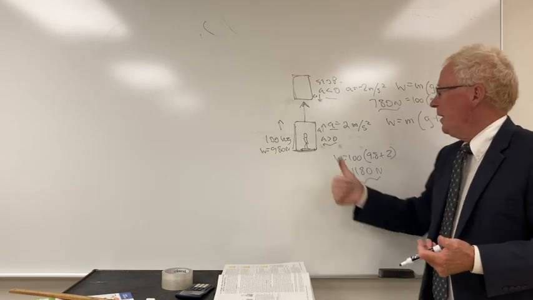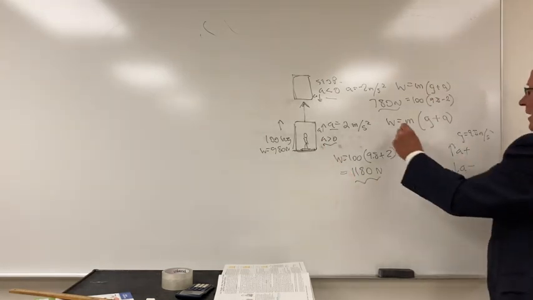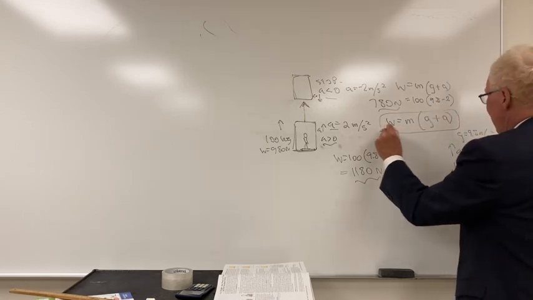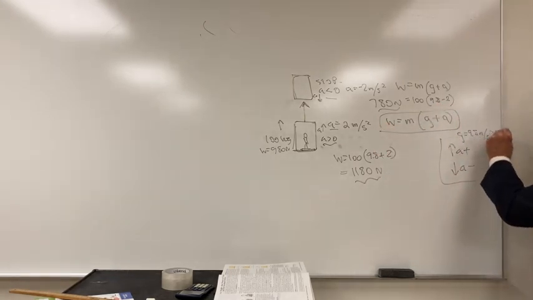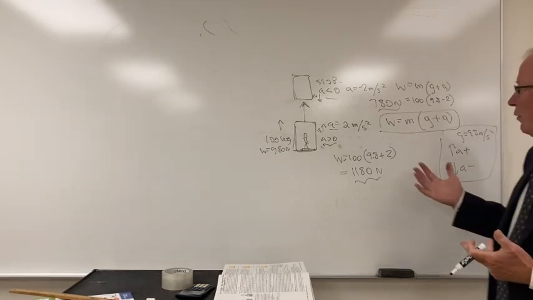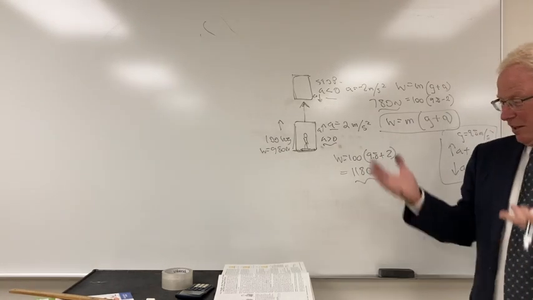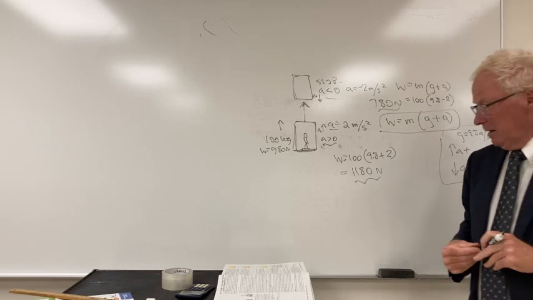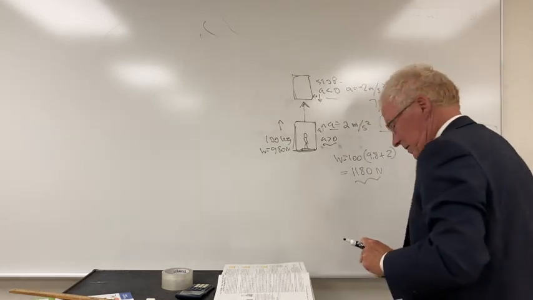And again, A would be upwards here. So this is how we would define it, using G as plus 9.8, and up would be positive, and down would be negative. So this is how you can find what your weight would be in an accelerating elevator. That's an interesting problem as far as that's concerned.